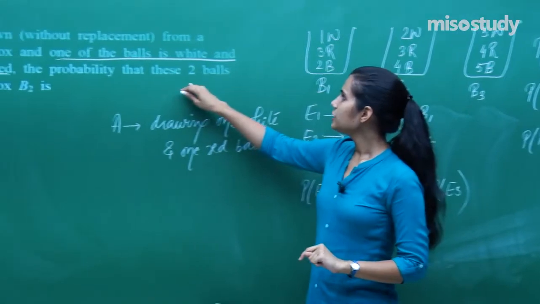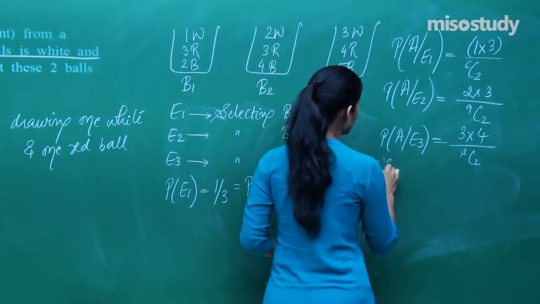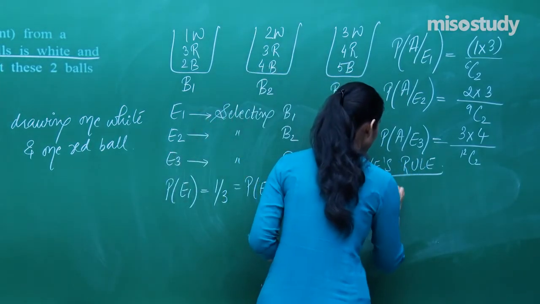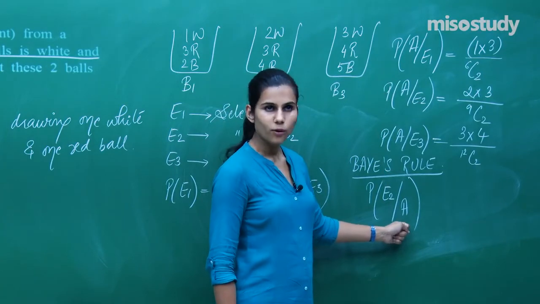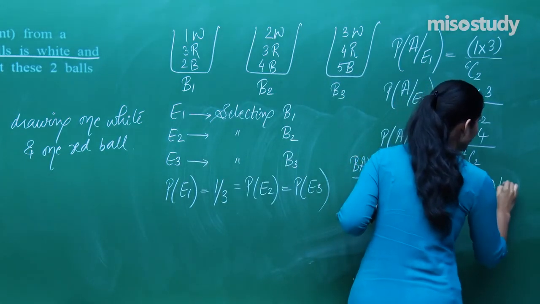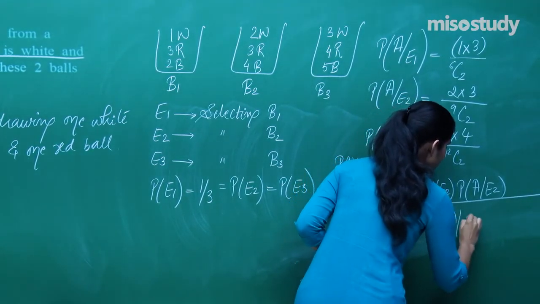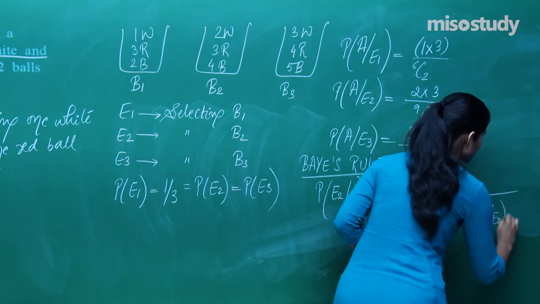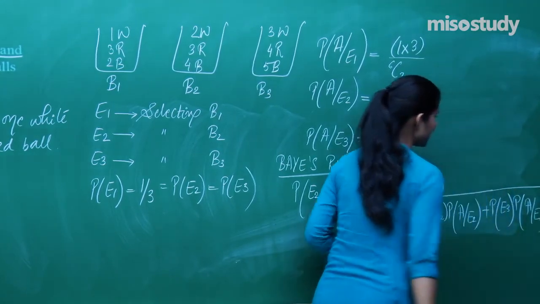What is the probability that one white and one red ball was drawn from box 2? We are talking about the Bayes rule. I am interested in the probability of this event: probability that one white and one red ball was selected from box 2. This is probability of E2 into probability of A by E2, whole upon probability of E1 into probability of A by E1 plus probability of E2 into probability of A by E2 plus probability of E3 into probability of A by E3.